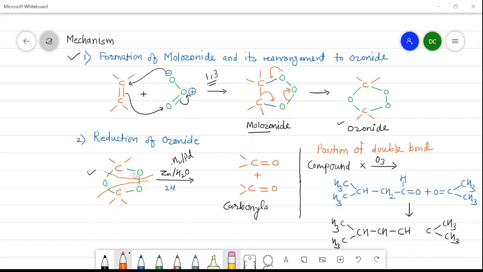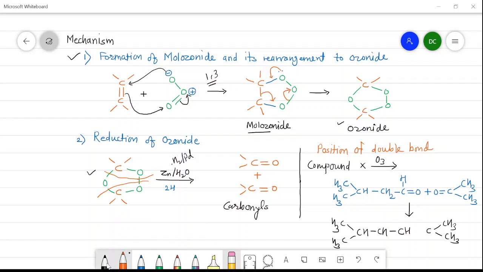So C double bond O is there, C double bond O is there, and here we get a carbonyl compound as a product. In this way, ozonide is broken down in the presence of a reducing agent. Now, the application of ozonolysis. We have said that it is useful for the detection or identification of double bonds in the alkene as well as natural products.